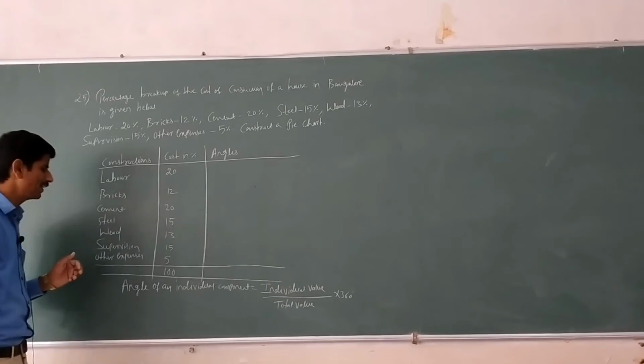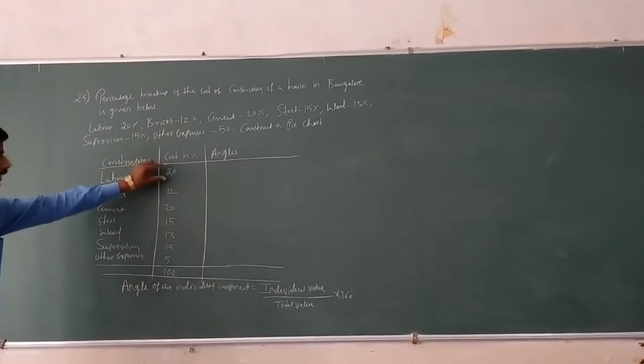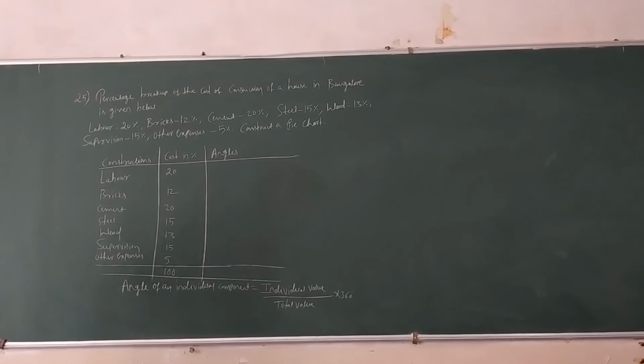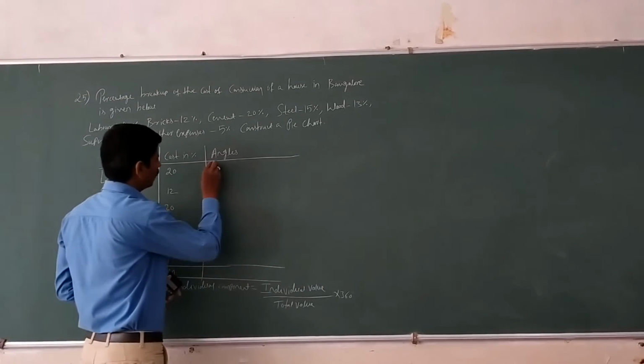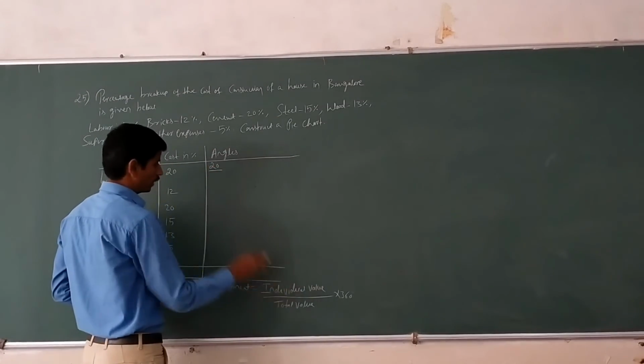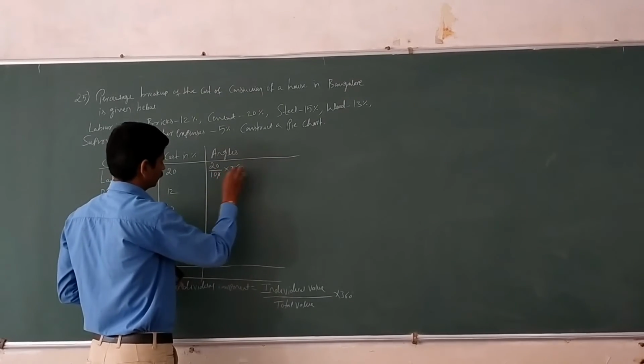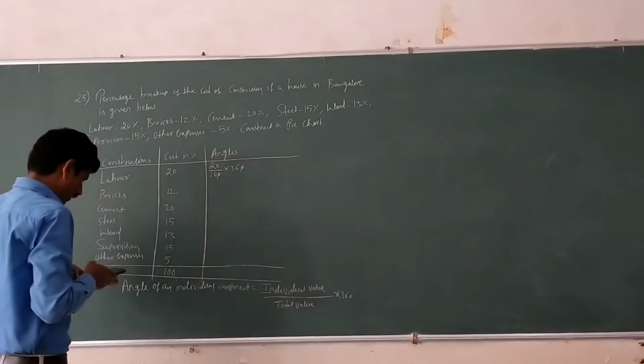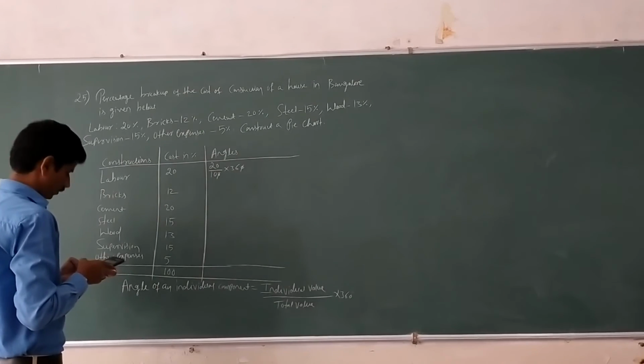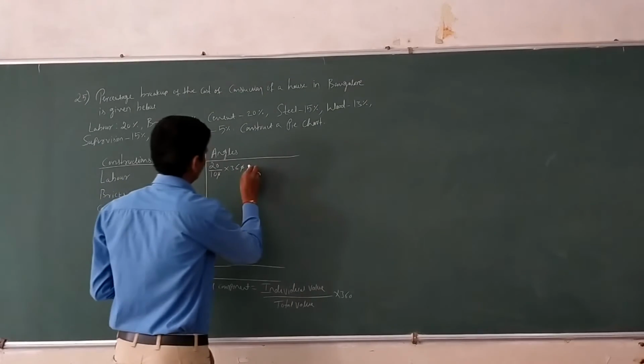Here we have to find angles. The first individual value is 20. 20 divided by the total value 100 into 360 gives 72.